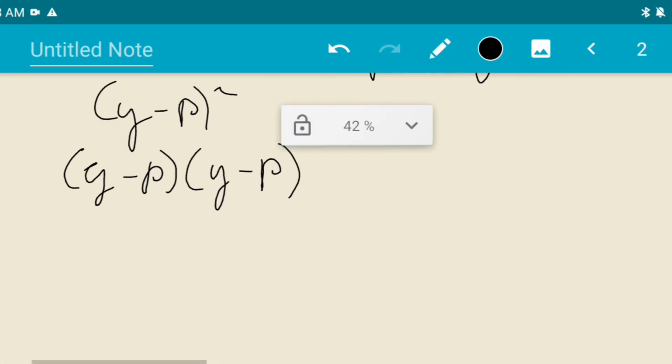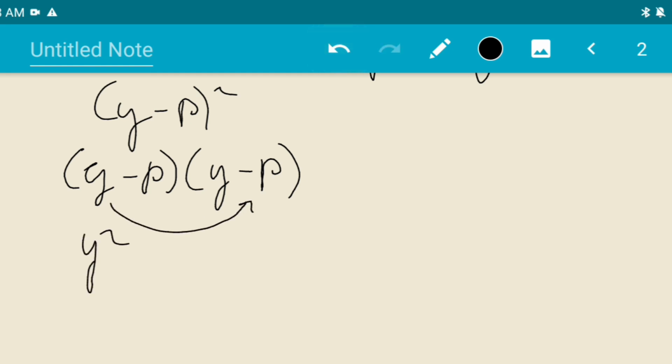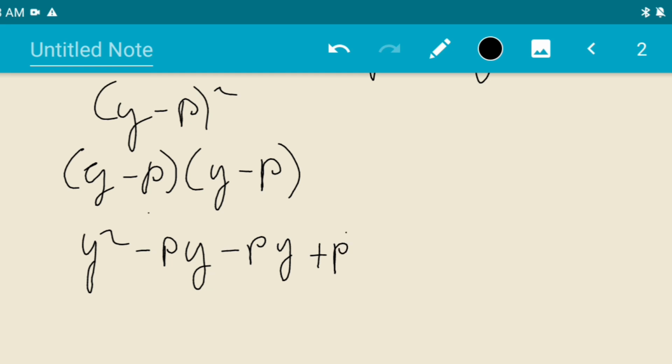Of which, when simplifying, y times y is going to be y squared. Then y times negative p is going to be negative py. Then here negative p times y is going to be negative py. Then negative p times negative p will be positive p squared.